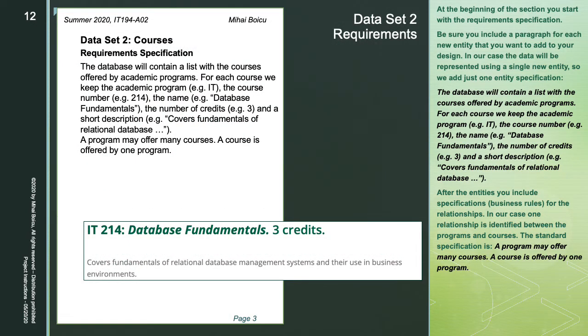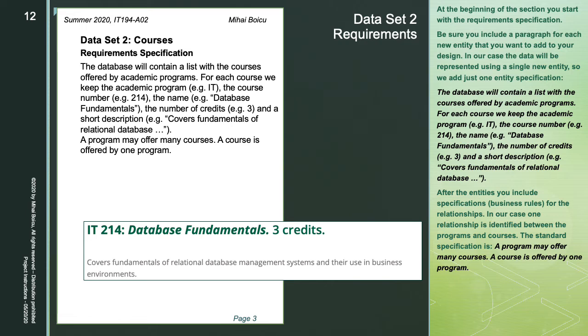At the beginning of the section, you start with a requirement specification. Be sure you include a paragraph for each new entity that you want to add to your design. In our case, the data will be represented using a single new entity, so we just add one specification.